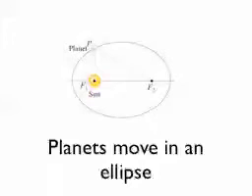This is a picture of how a planetary orbit would look. This isn't any planet in particular, but planets move around the Sun in an ellipse. And there are 2 reference points that astronomers use to describe the orbit of a planet. Those are called focal points, and in this diagram, they're labeled F1 and F2.